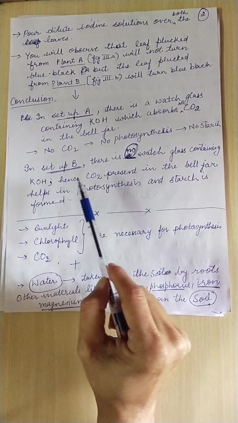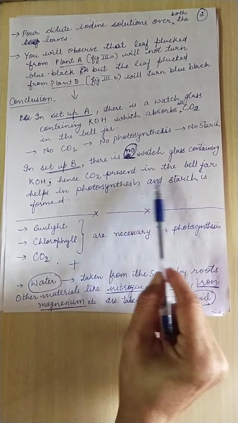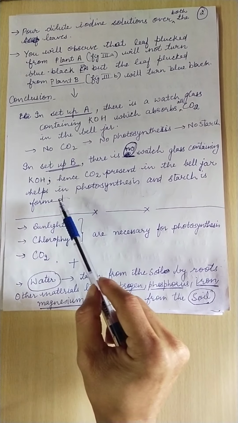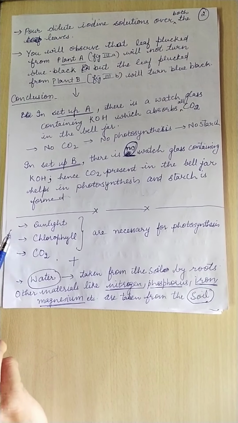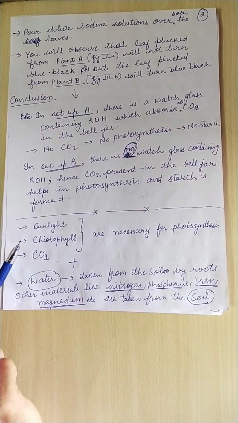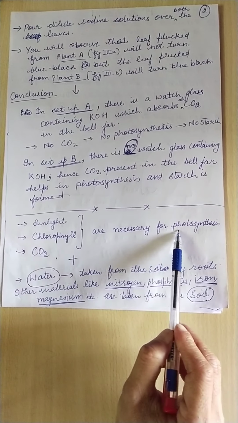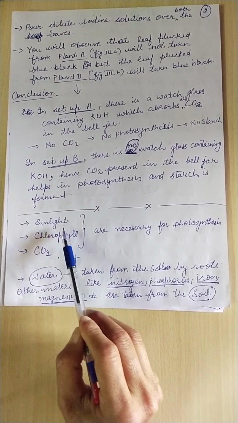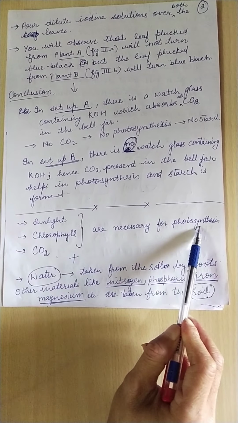That CO2 helped the plant to carry out photosynthesis, and a little bit of starch was formed which gave the color with the iodine solution. So so far we discussed that sunlight, chlorophyll and carbon dioxide are all necessary for photosynthesis. In the absence of any one of these, photosynthesis cannot occur.